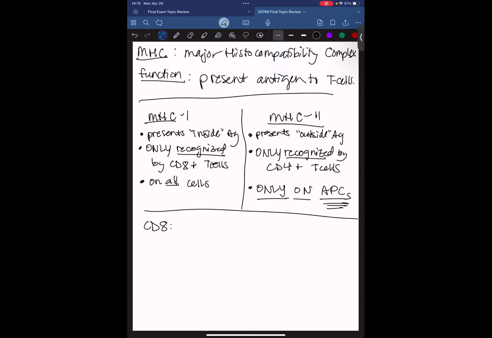CD8 is a molecule that recognizes MHC1. That's what it does, and it's the only one that does it. CD4 is a molecule that recognizes MHC2. That's it. So what recognizes the antigen itself?